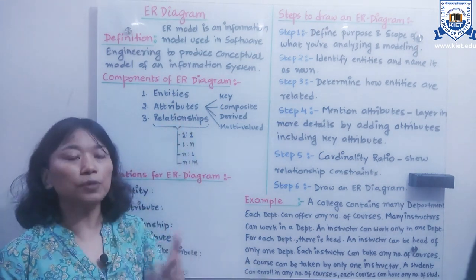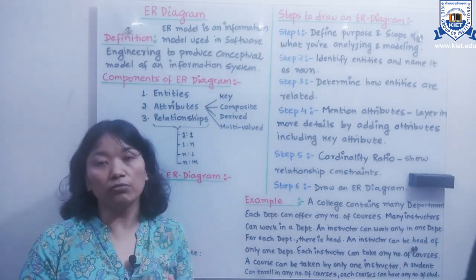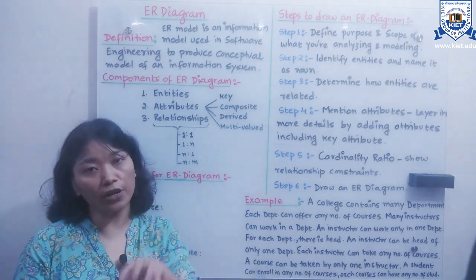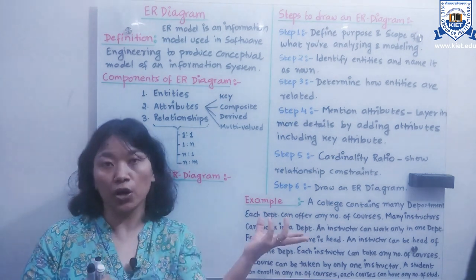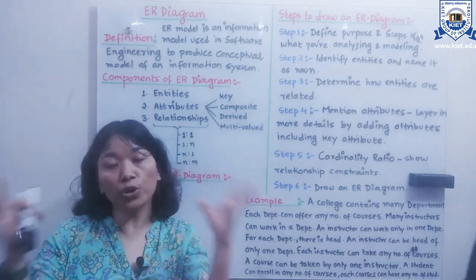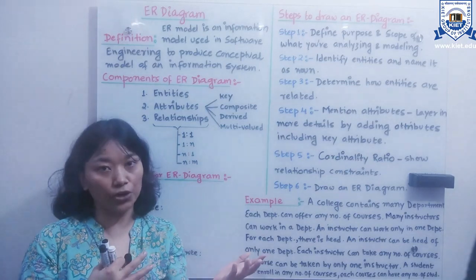Relationships can be unary, binary, or ternary. A unary relationship is where an entity has a relationship with itself, a binary relationship is with another entity, and a ternary relationship involves more than two entities. On that basis we can identify relationships.